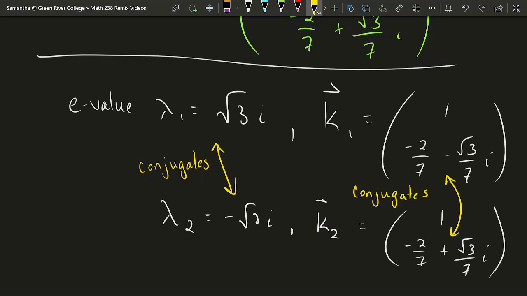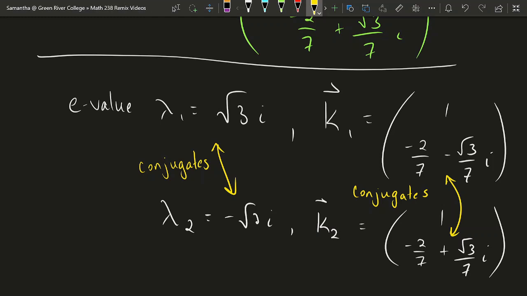That turns out to be true in general, that when you have a 2 by 2 matrix with complex eigenvalues, the second one is just the conjugate of the first. And not only that, the second eigenvector is also a conjugate of the first eigenvector.